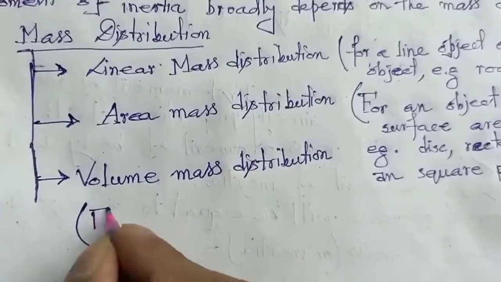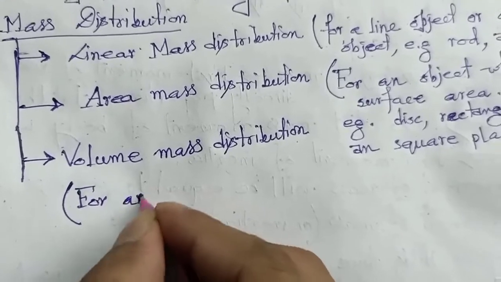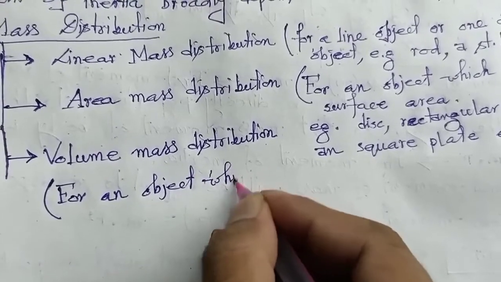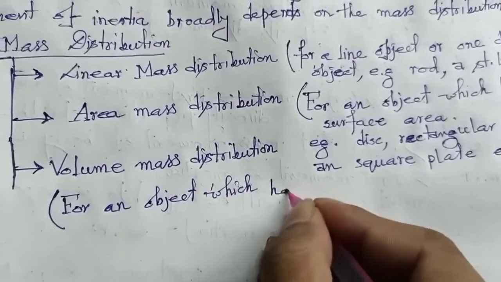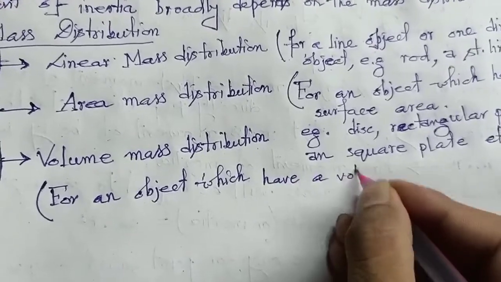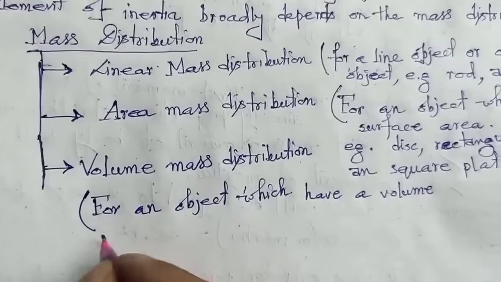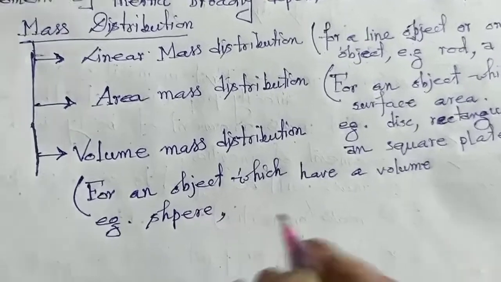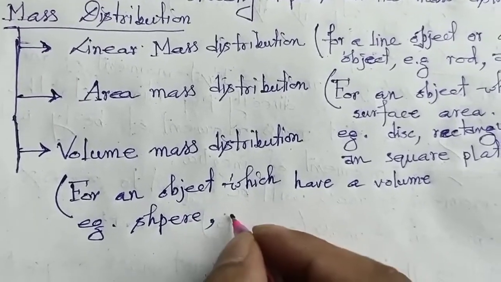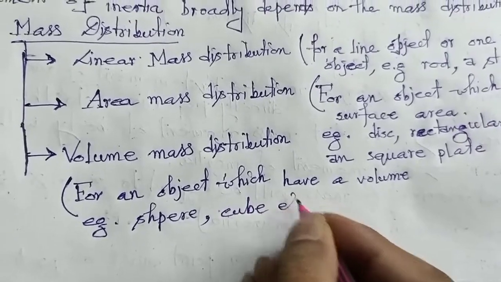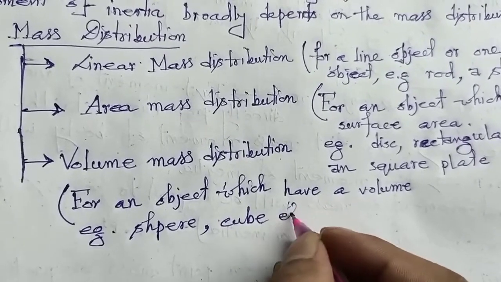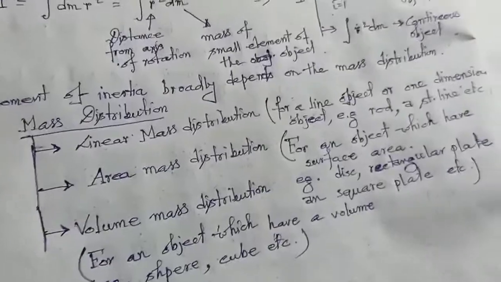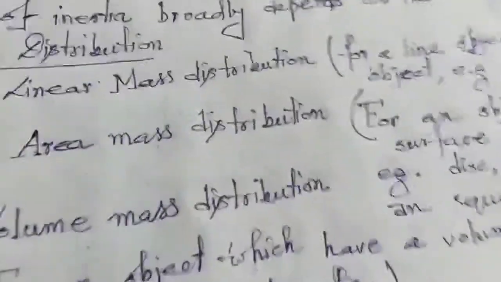For example, a sphere, a cube, etc. Now we'll calculate how to find the moment of inertia for different types of mass distribution.